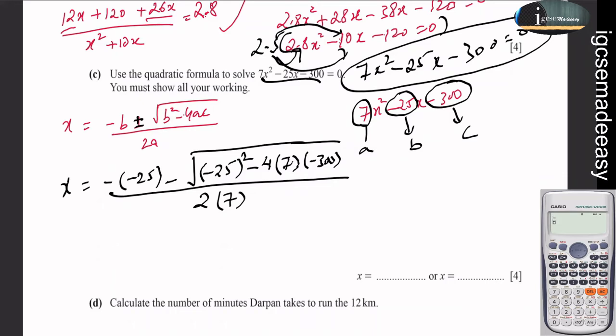So minus of minus 25, let me do it fast, minus under root of, one more bracket we need, so that bracket minus 25 square minus 4 into 7 into minus 300, this 2, I think again are we making a mistake?